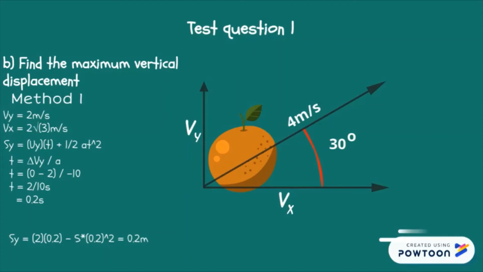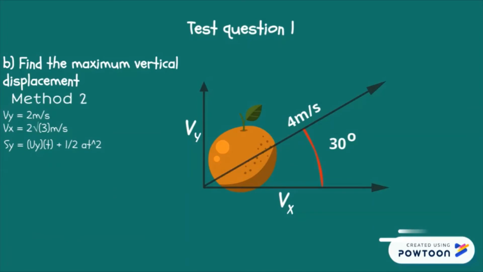So we get 0.2 seconds as our time taken for the orange to reach its highest point. So now we can sub in the values that we have into our equation s equals ut plus half at squared, u being the initial vertical velocity. And we can find our maximum vertical displacement, which gives us 0.2 meters.